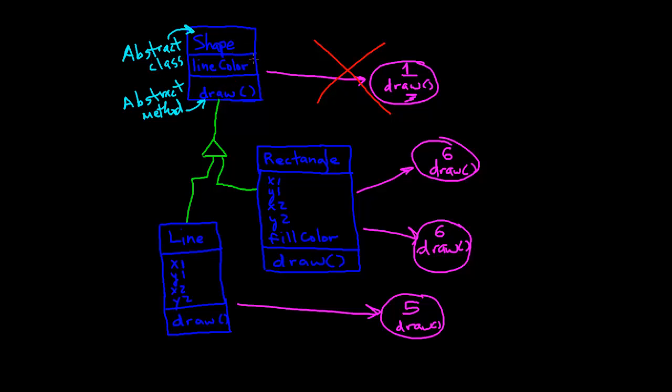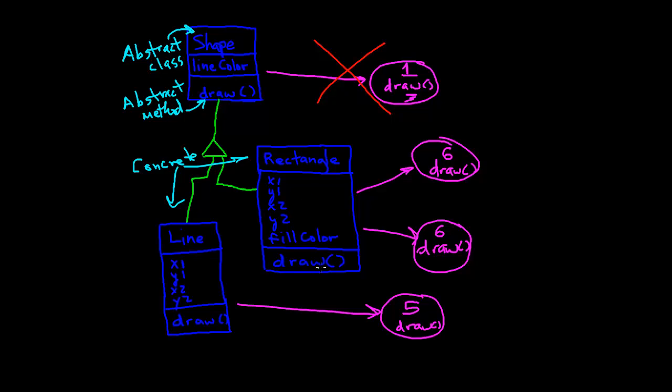It's an abstract class. However, what we can do is create subclasses, and these classes are not abstract. These classes would be called concrete classes. And these classes can be instantiated, and they would implement the draw method. So the draw method in rectangle is not an abstract method.